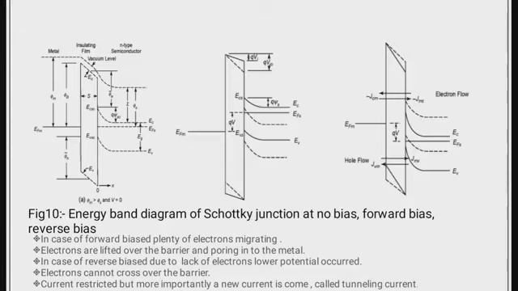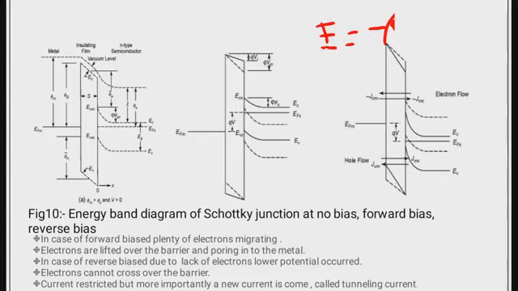In case of reverse bias, this portion is shifted down, because I already told you the potential energy E is equal to minus E into V. So this portion is shifted up as it is forward, and this portion is shifted down as it is reverse.